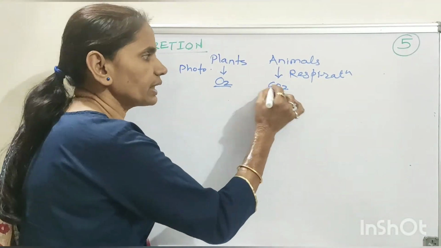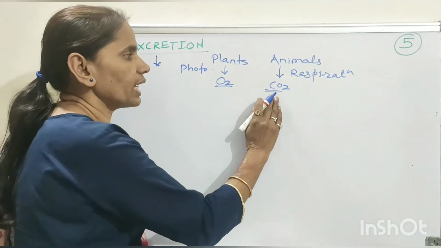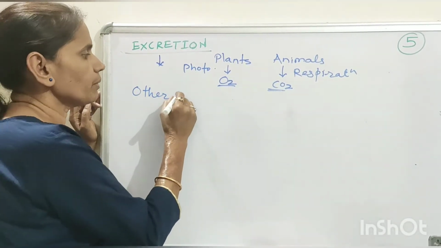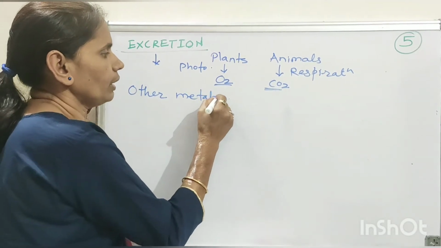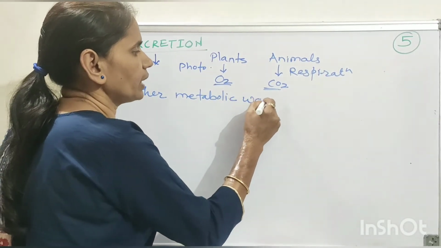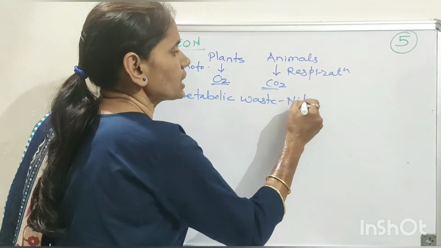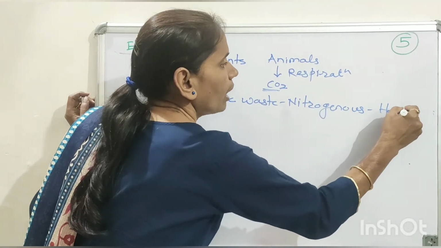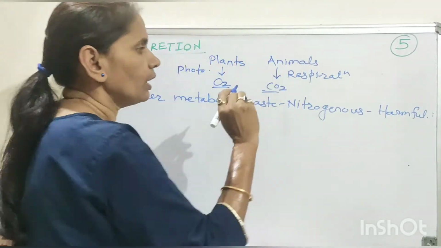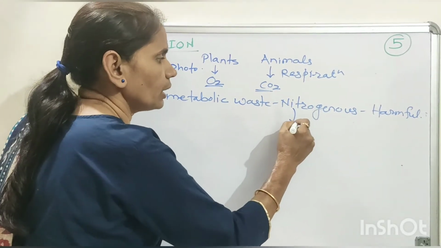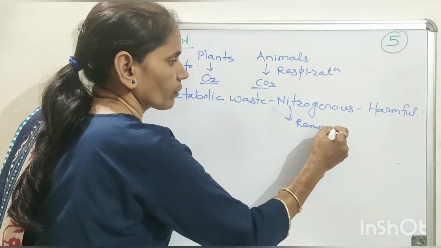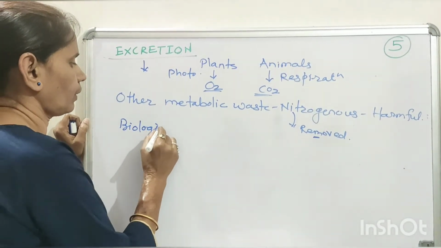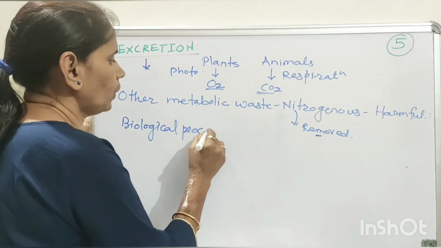But apart from the gaseous waste material, there is other metabolic waste, that is the nitrogenous waste material. Now this nitrogenous waste material is harmful to the organisms, so it is to be removed.